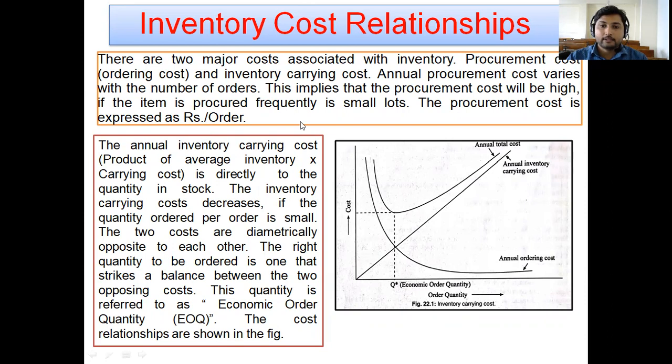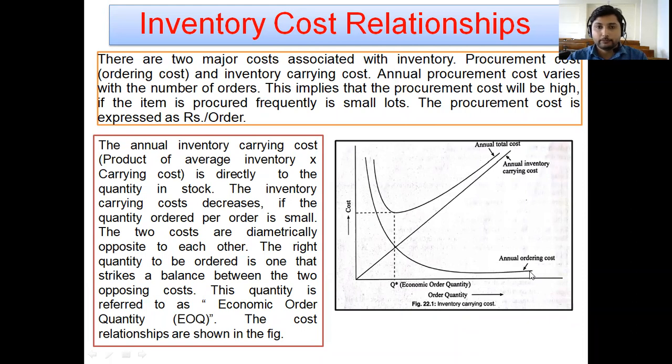Now, as you increase the ordering quantity, the number of orders per annum will get decreased, and so the annual ordering cost is also going to decrease.